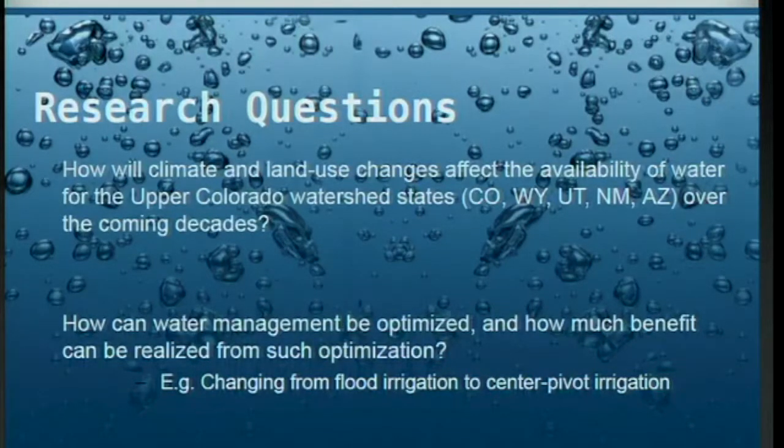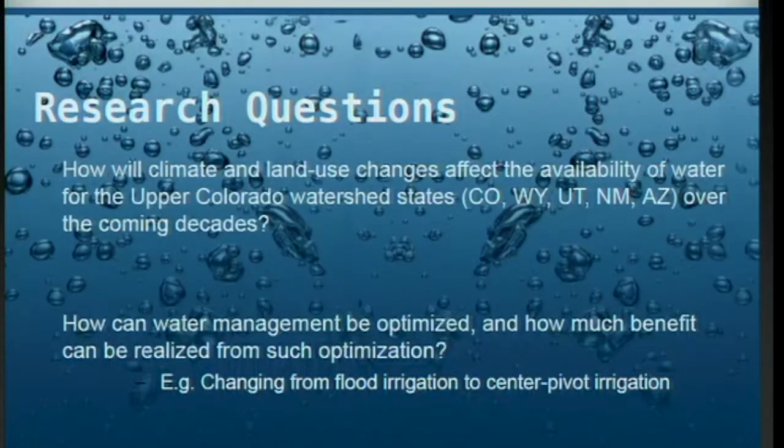And Lake Powell is the bank account for the upper Colorado watershed states, which are Colorado, Wyoming, Utah, and New Mexico, and Arizona has a little bit of it. And basically, the upper Colorado states have an agreement with the lower Colorado states. Within the upper Colorado, the states have agreements with each other, and then within each state, there's water management boards. So it's kind of like a hierarchy of bickering that goes on.